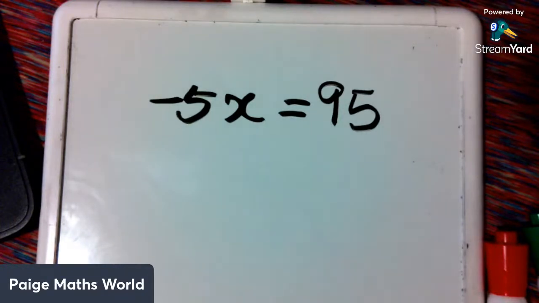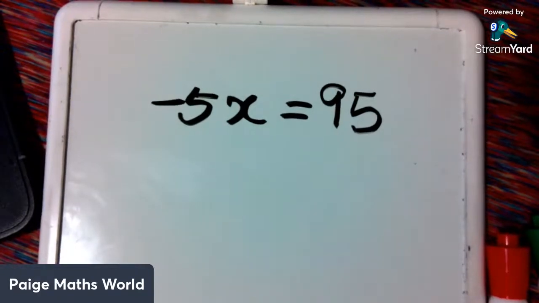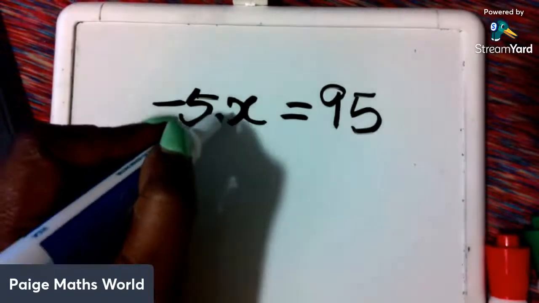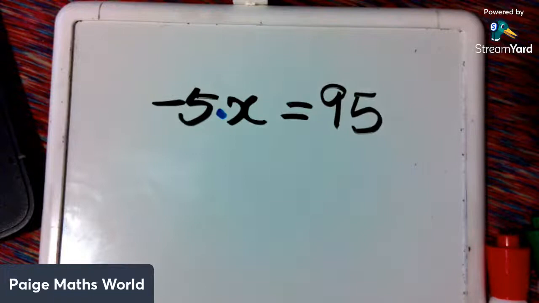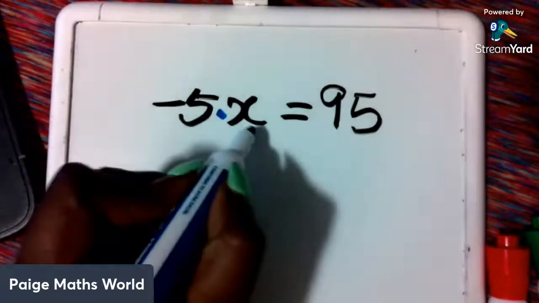Raymond? Cancel 5? Really? Is that the term we use, Raymond? So if we're going to get rid of a negative 5, you have to look at what is happening with it as it relates to the x. It is being multiplied by the x, right? And so the opposite of multiplication is division.